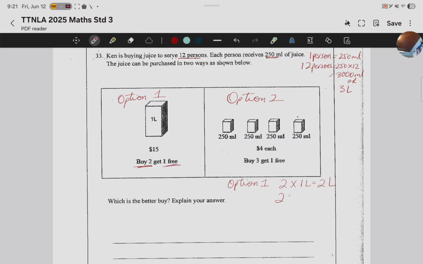And the cost for that 2 liters would be 2 multiplied by $15, which is $30. And they're giving me 1 liter free. So in total, I got 2 plus this one here, 3 liters for the same price of $30.